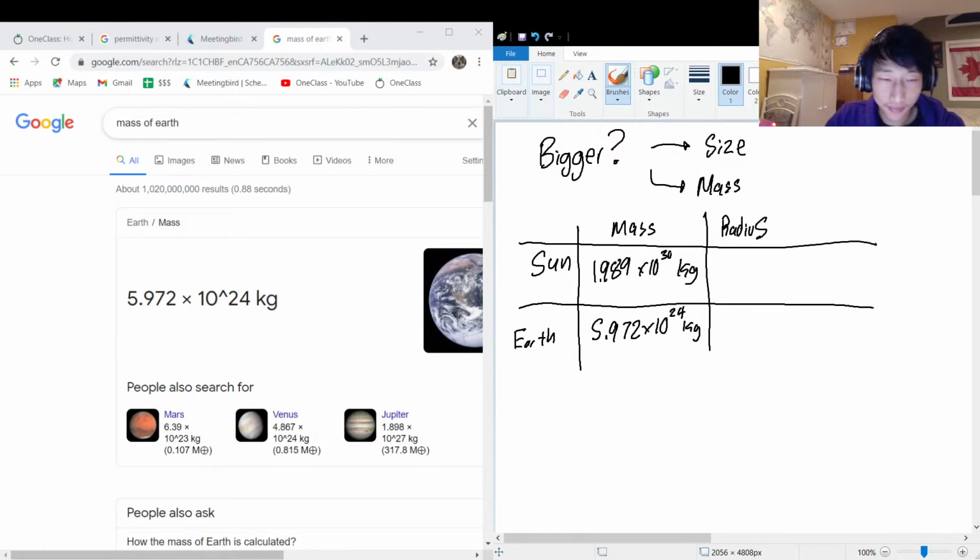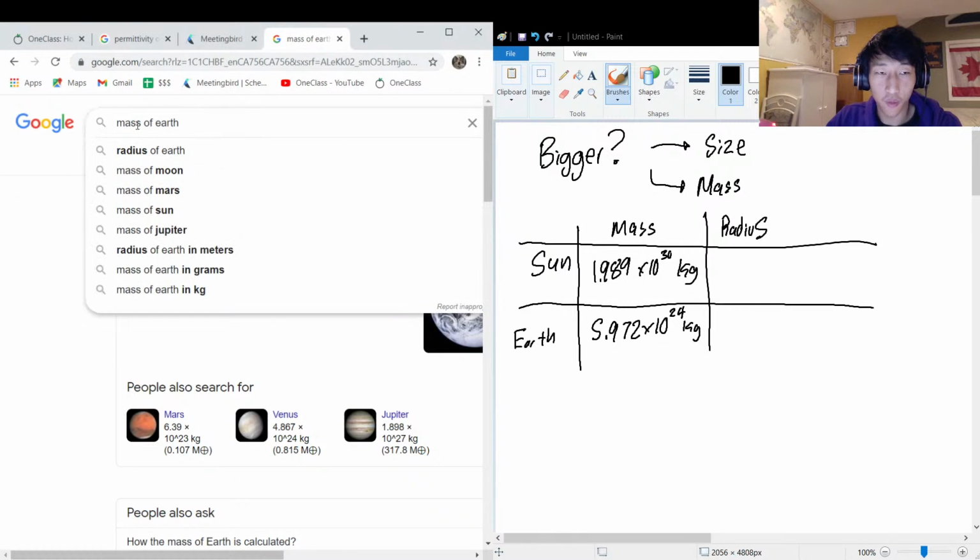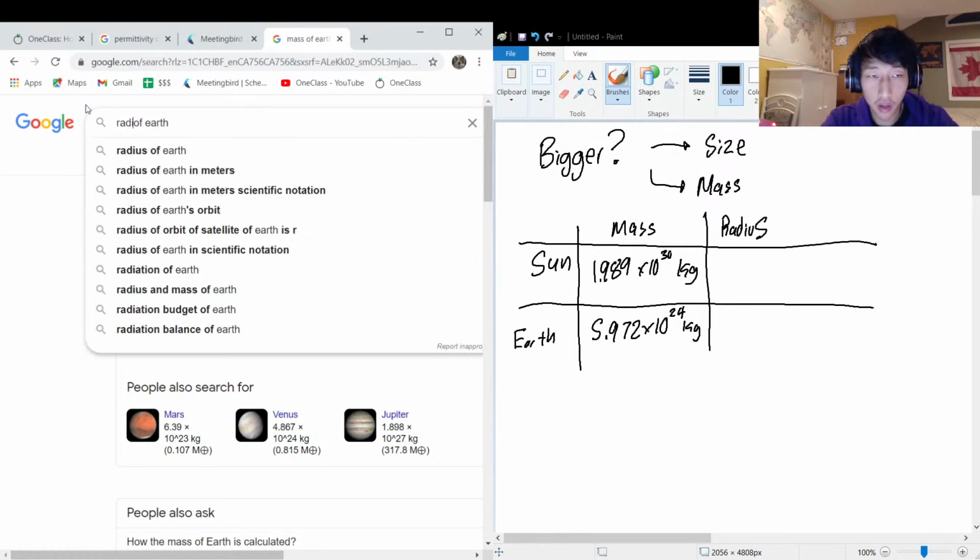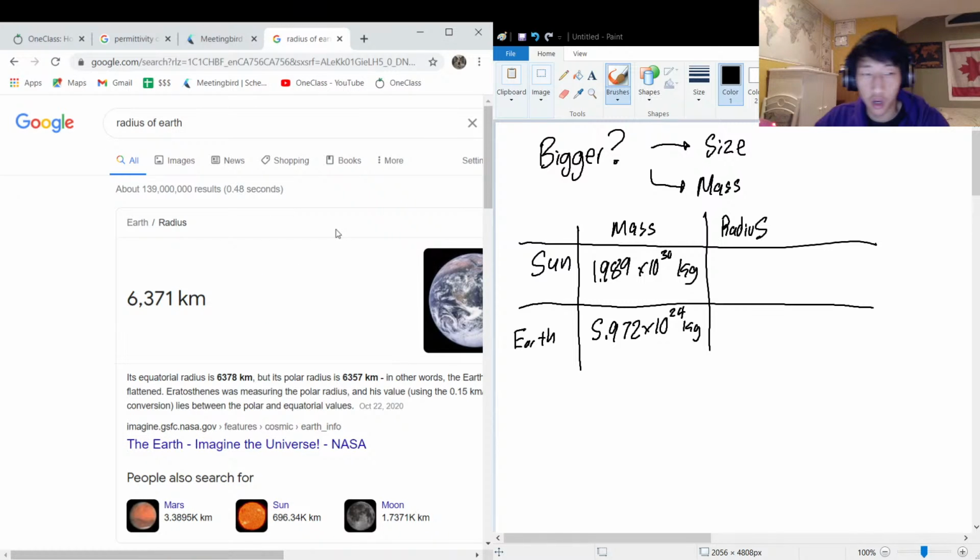Anyways, now let's do radius of Earth. Radius of Earth is 6.371 times 10 to the 6 meters. Just converting like that, k is going to become a 10 to the power of 3, and then I'm going to shift the decimal, and that's going to be another power of 3, so that's going to be 10 to the power of 6.